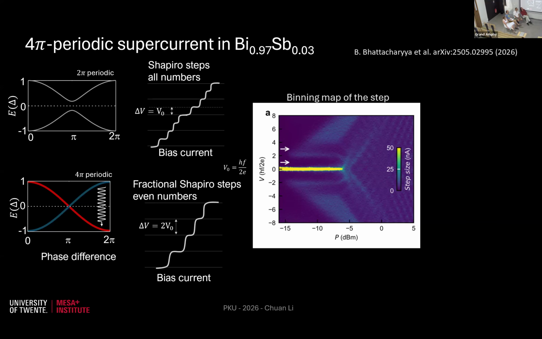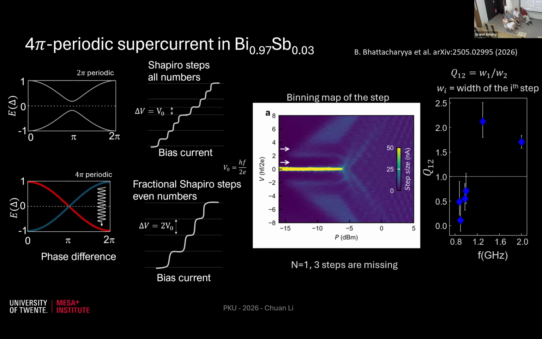Another argument people put forward to exclude this Landau-Zener transition is by varying the frequency, because if you increase the frequency, you help this process. So very commonly, if you do this measurement, you come with another plot which shows that increasing the frequency kills the fractional Shapiro steps.